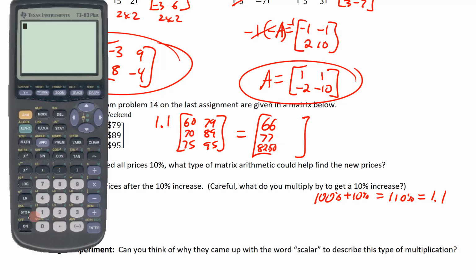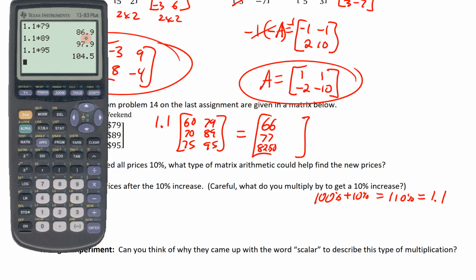Now, I'm just going to go through and double check that one right there. So 1.1 times 75. Sorry about that. 82.50. There we go. So let me do each one of those. So this is going to be 1.1 times 79, 1.1 times 89, and 1.1 times 95.